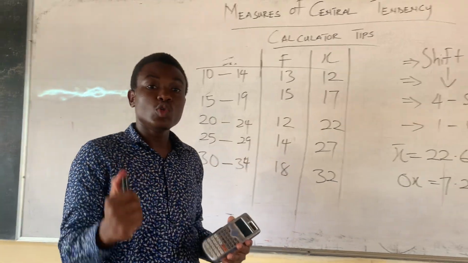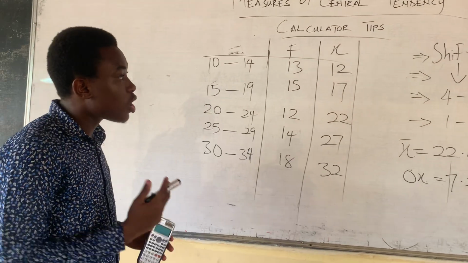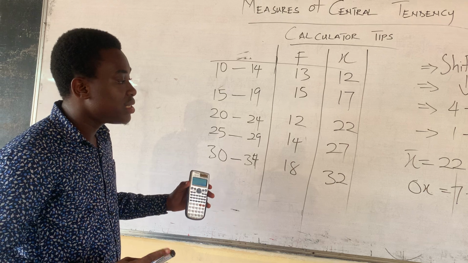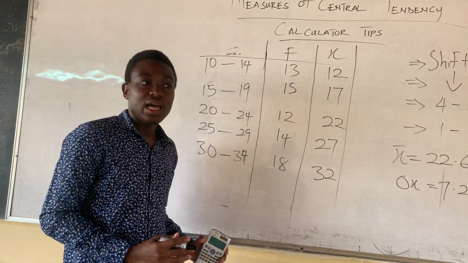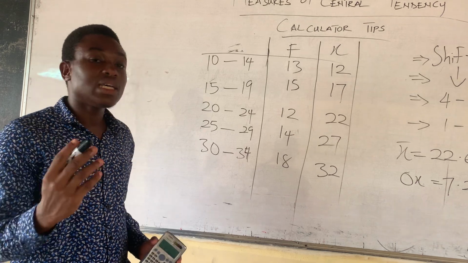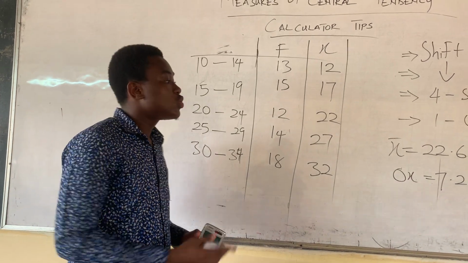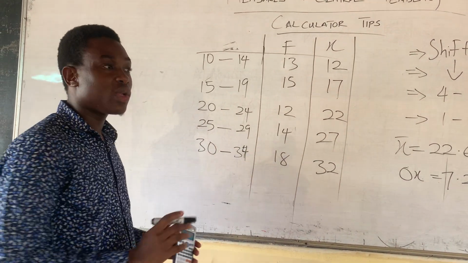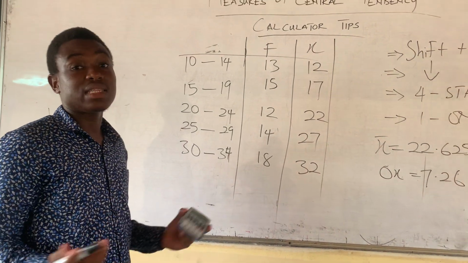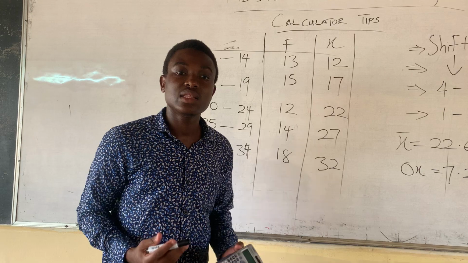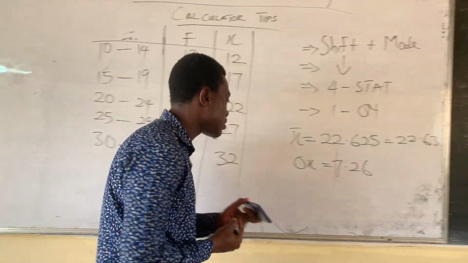So we've been able to use the calculator to solve for the mean and standard deviation for ungrouped data and then grouped data. Just as we did for the ungrouped data, to find the variance of this particular data, all that we need to do is to square our standard deviation, and that gives us the variance. So let's quickly do that.